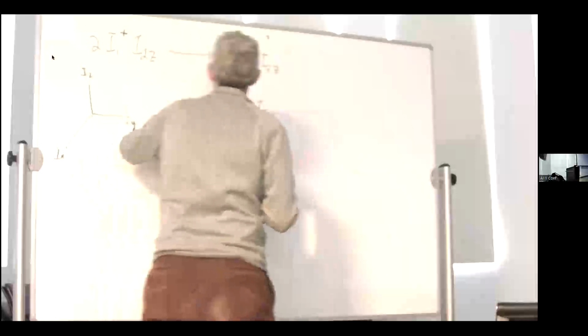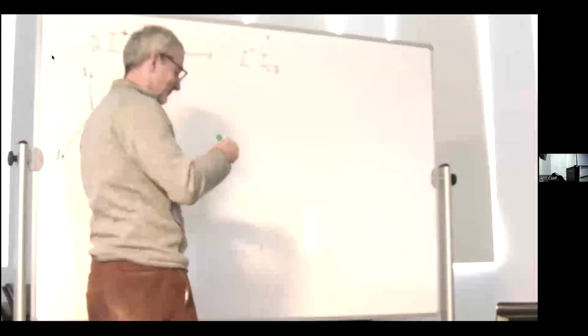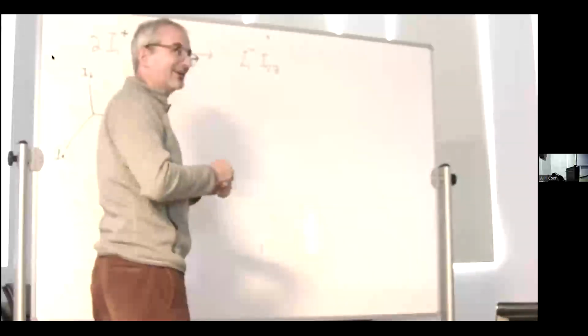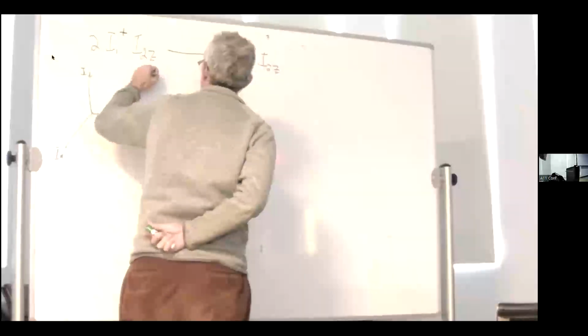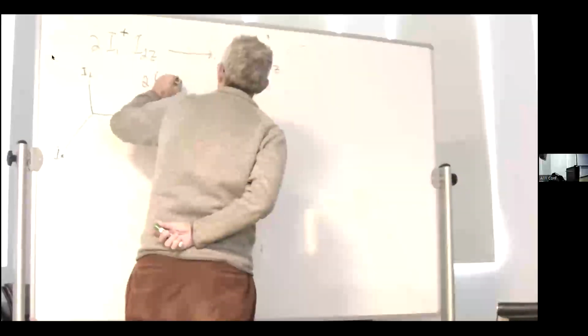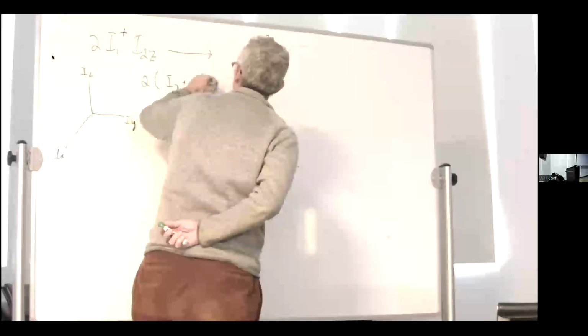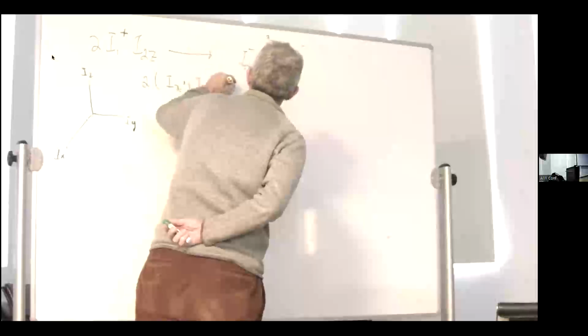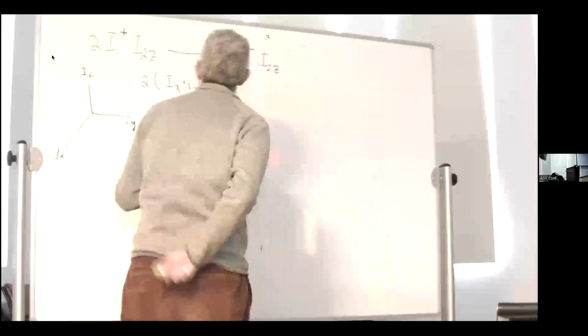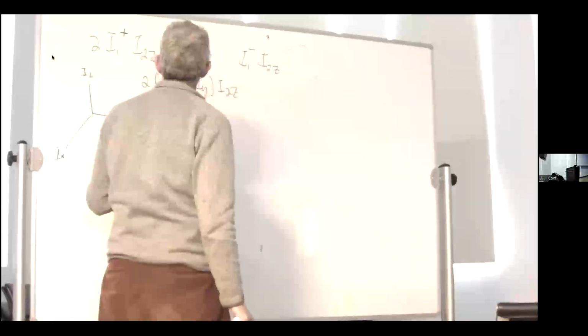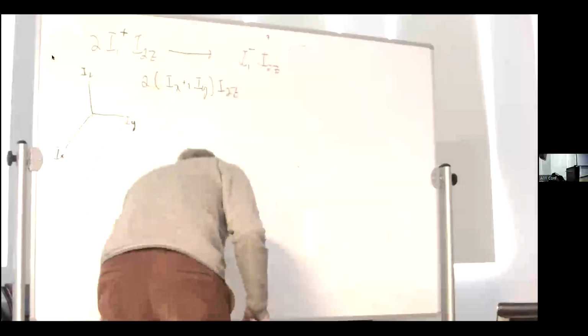So unless you want to memorize complicated formulas, which you could work out and write down, we can write this as 2 (I1X plus I1Y) I2Z.